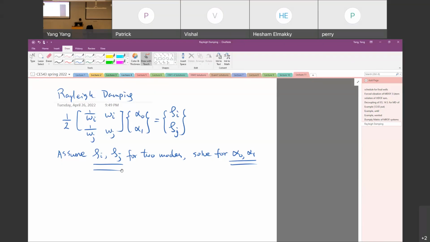Some of you may be interested in what damping ratios we should use for different structures. Here is some information.